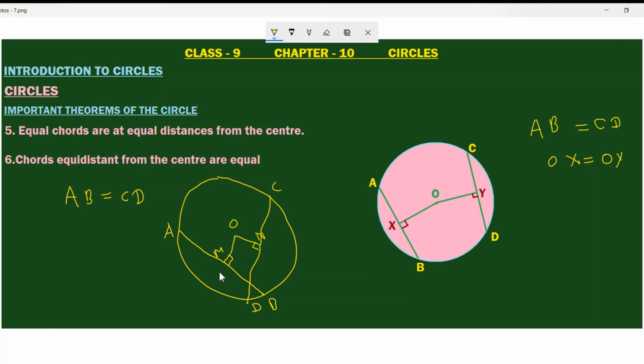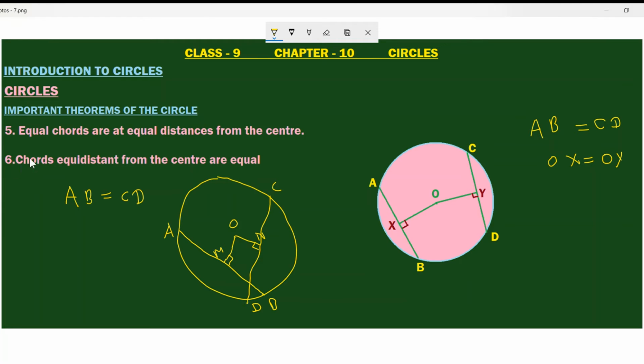You can increase or decrease the length of OM and ON and then draw the perpendicular lines for OM and ON. Then also you will get chords that are both equal to each other. So that is why we say equal chords are at equal distance from the center.